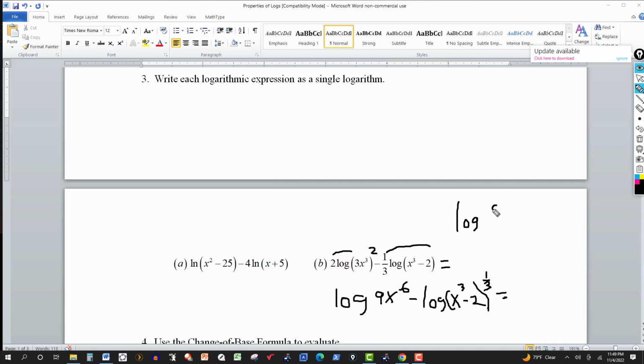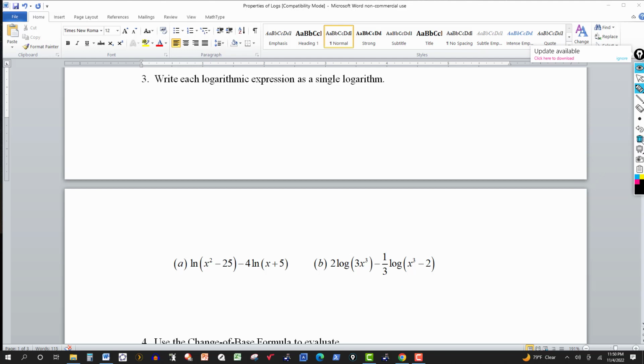So this is just 9x to the 6 over x cubed minus 2 to the 1/3 power. Or you could also write that as the cube root of x cubed minus 2.